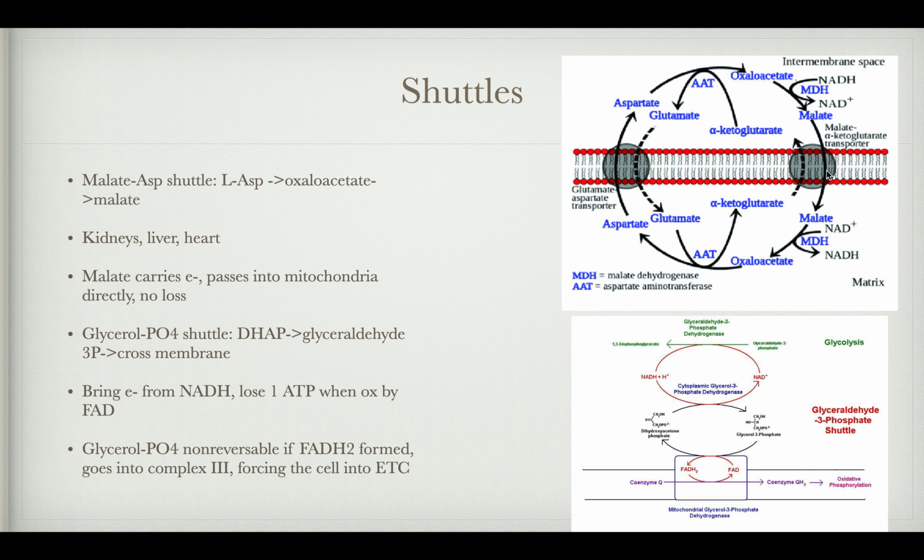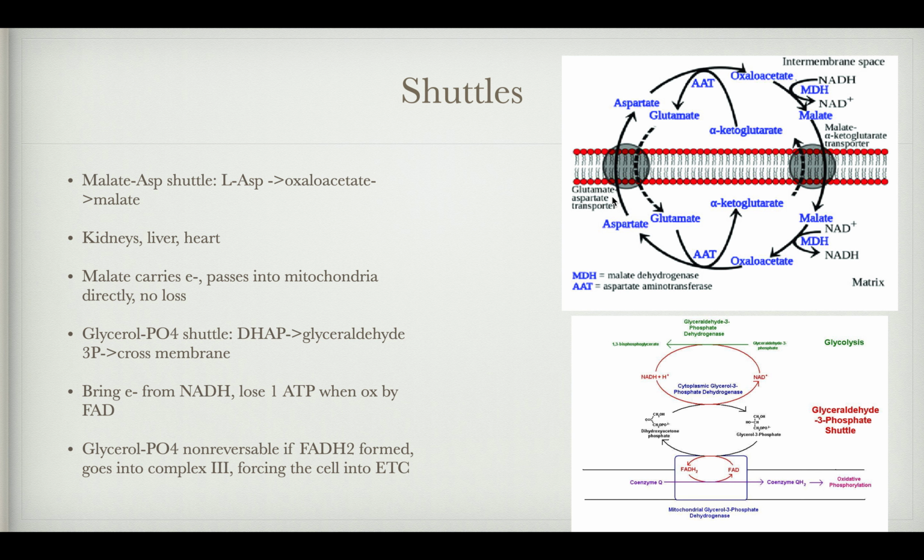So it will accept the malate carrying all those electrons directly in, and then from there it will be oxidized, dumping its electrons, and then turned into oxaloacetate. From there, aspartate, and aspartate can be transported out using the glutamate aspartate transporter that does not require any energy.